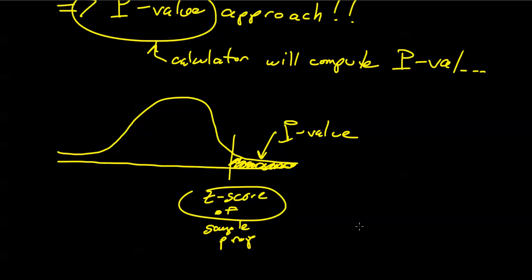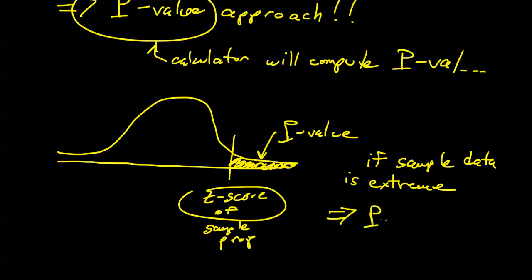Let me write that down. If the sample data is extreme with regard to the null hypothesis, that means your p-value is going to be small. Your tail area determined by that z-score will indeed be small.